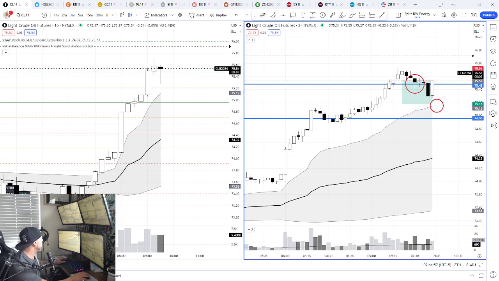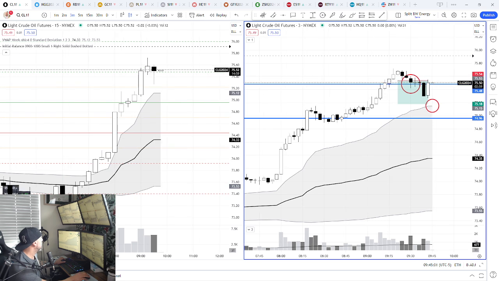I'm watching this level on oil. Struggling here.